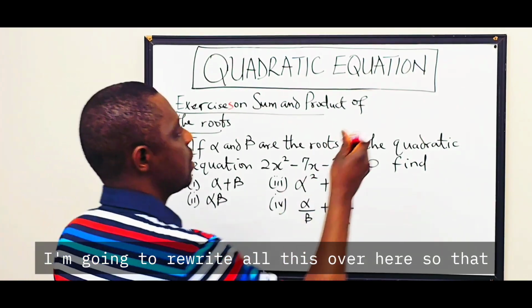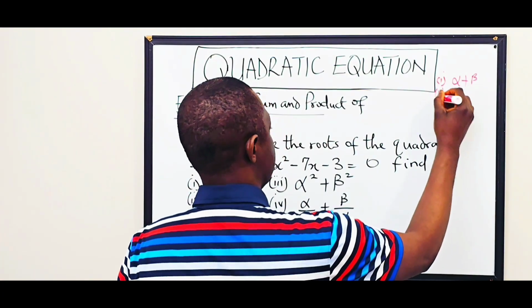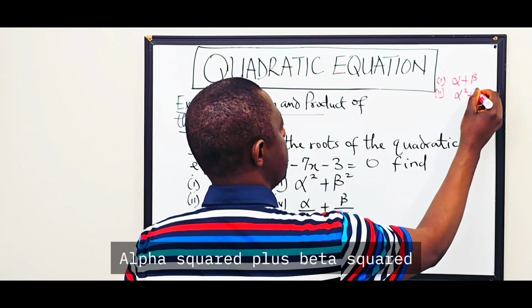I'm going to write all this over here: alpha plus beta, alpha squared plus beta squared.